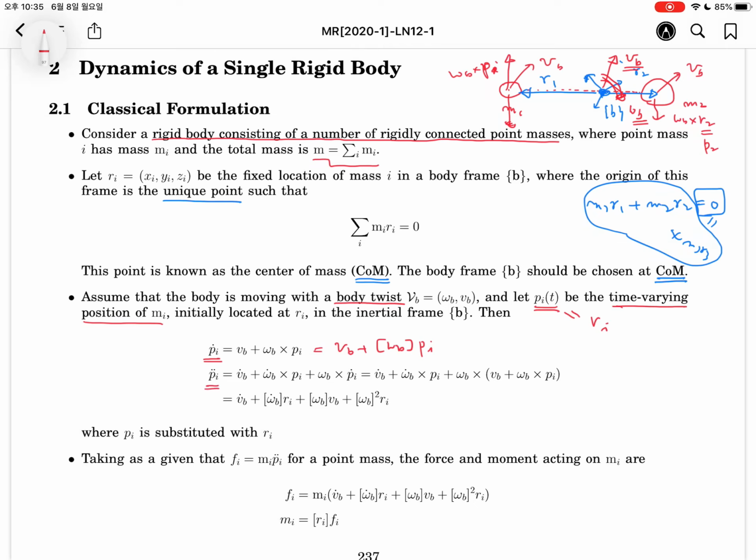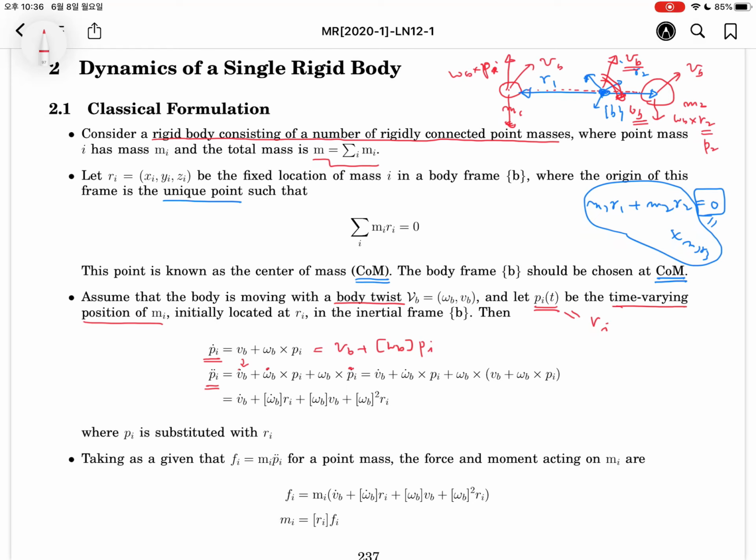It has two terms, so the body acceleration will appear, from here to here, and omega b dot will appear first, and then pi dot will appear later.